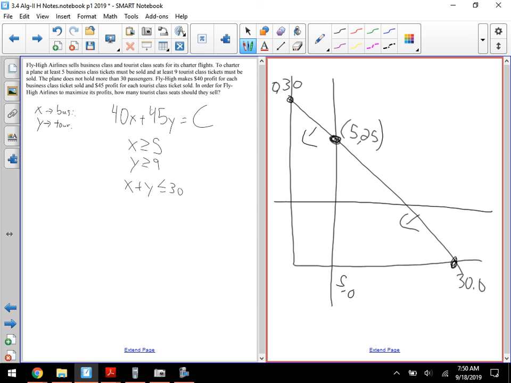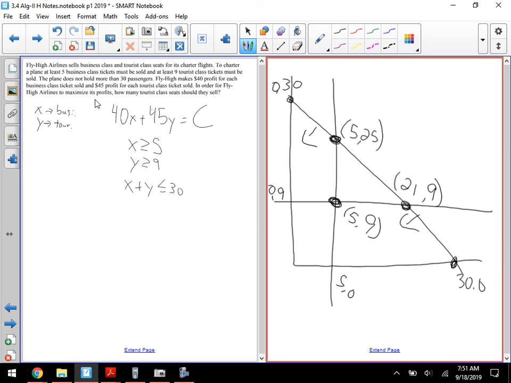The other one is at 9, so the Y value remains constant going horizontally. When that horizontal line at 9 hits the vertical line at 5, the ordered pair is 5, 9. When it hits the diagonal, it's 9 for the Y value, which makes the X value 21.